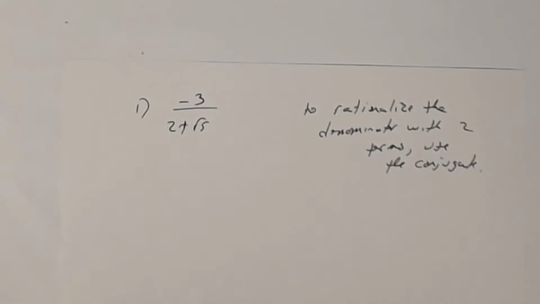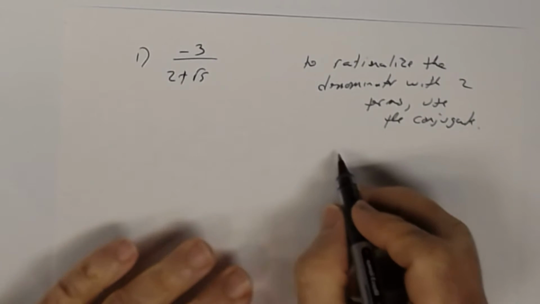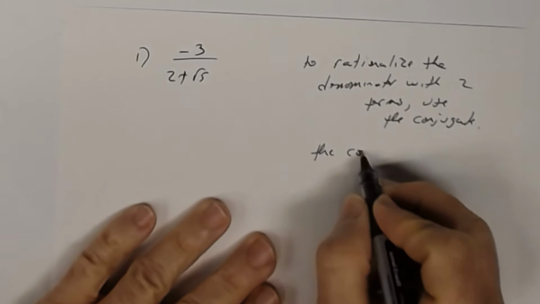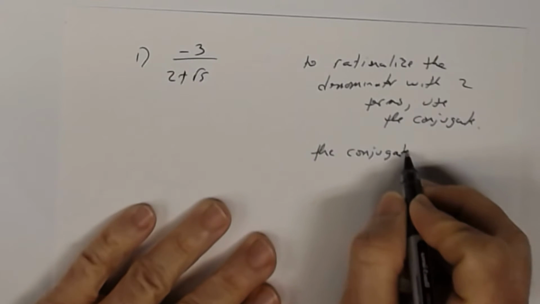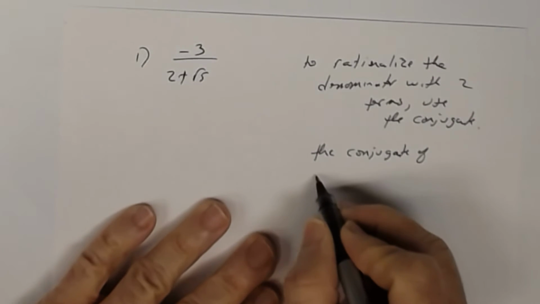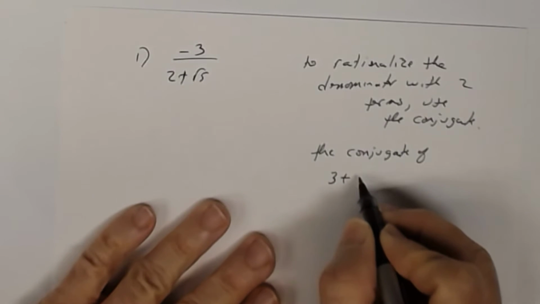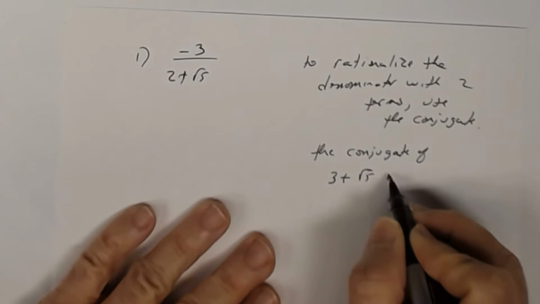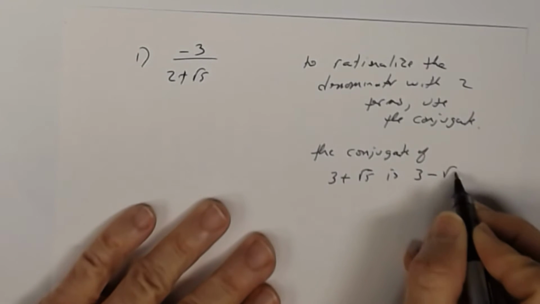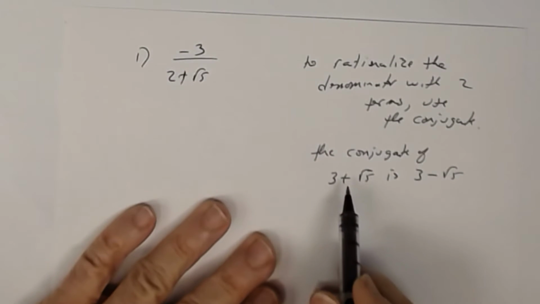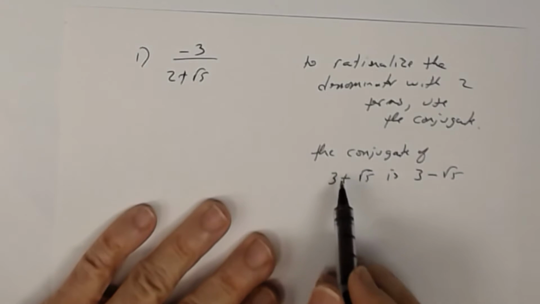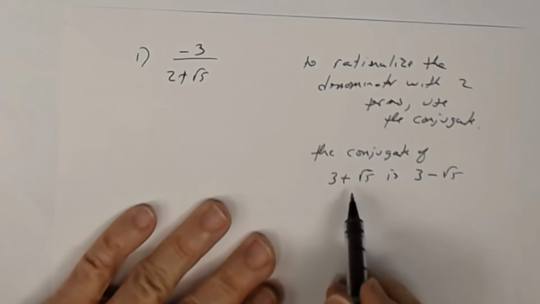So let's talk about what the conjugate is, and then we'll do some examples. The conjugate of 3 plus the square root of 5 is 3 minus the square root of 5. All you do is take that middle sign and change it.